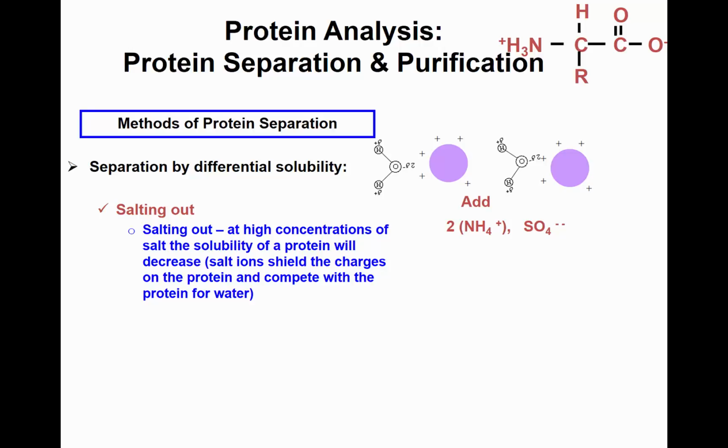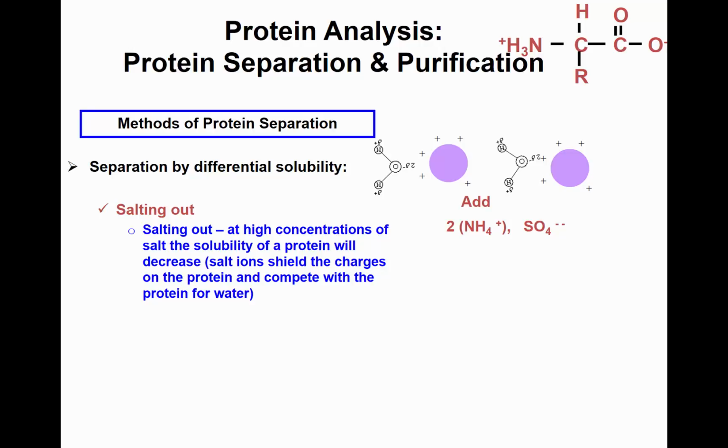So it's interacting with water, it's enjoying its environment, it's soluble, and other components are soluble as well, like sugars. You don't want that, you want to remove them. So you add ammonium sulfate at a particular concentration.